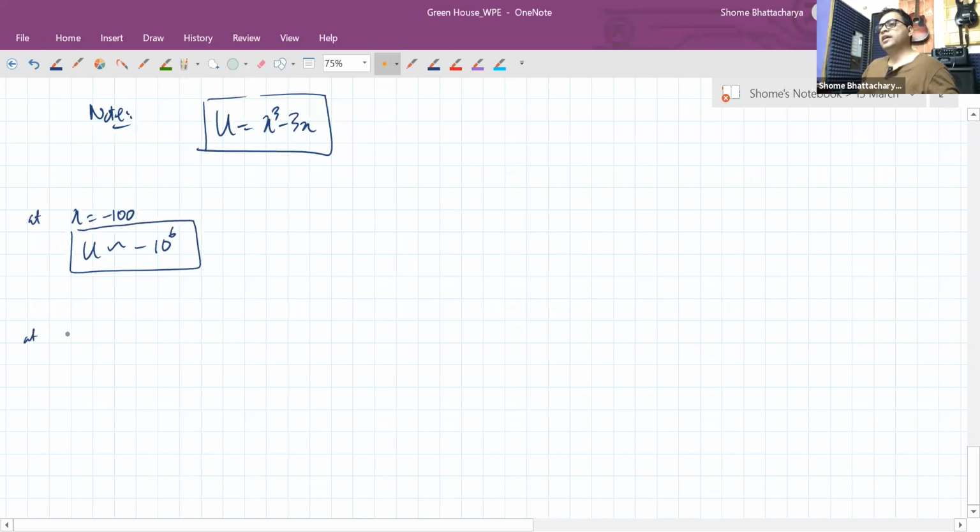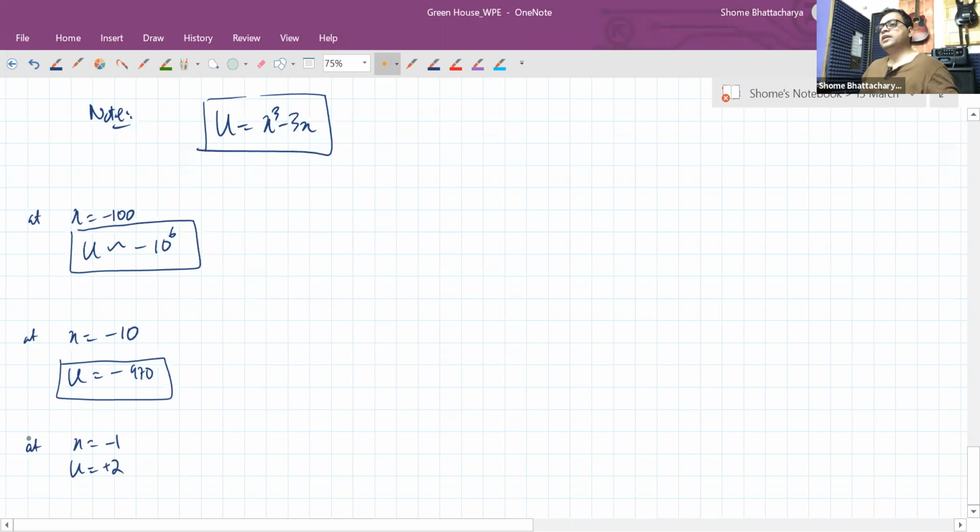Then if you check at x equal to minus 10, for example, u is like minus 1000 plus 30, so it is minus 970. If you check it at x equal to minus 1, we have just seen u is equal to plus 2.